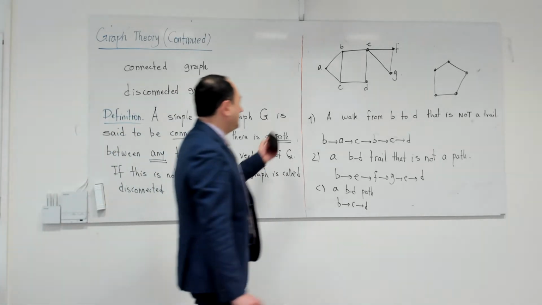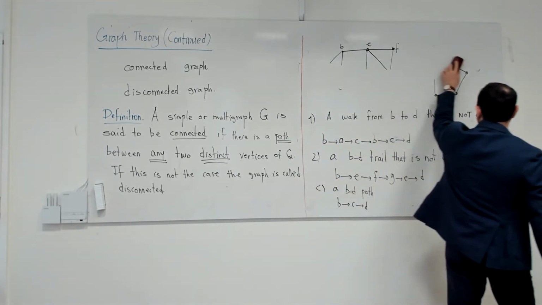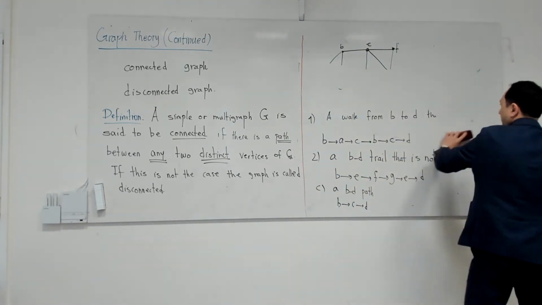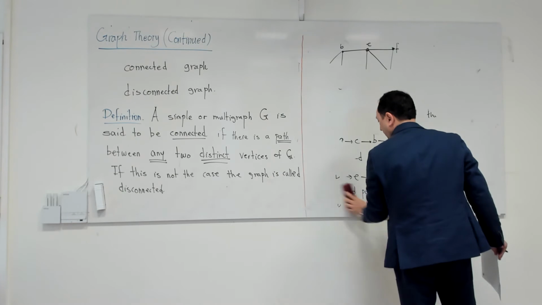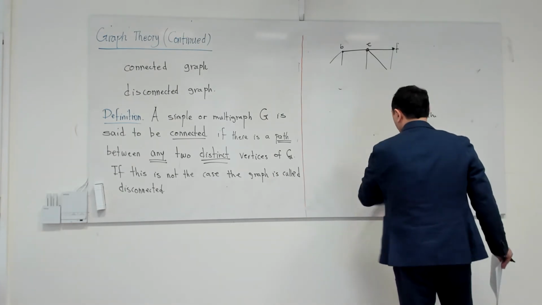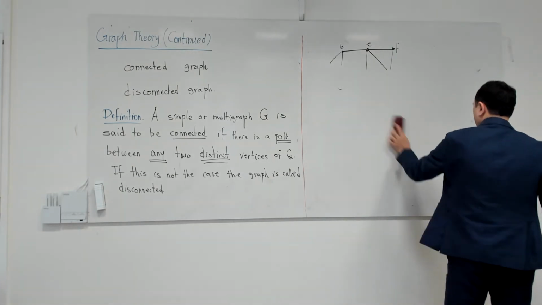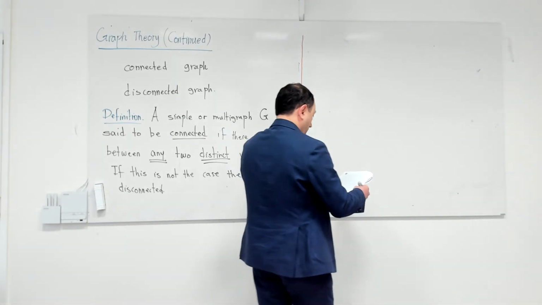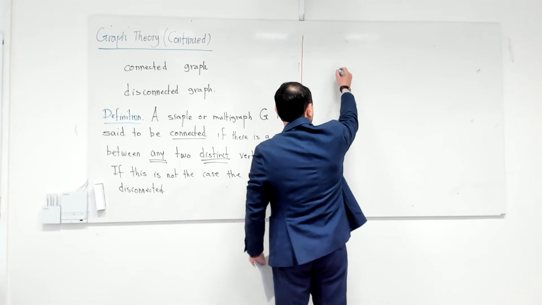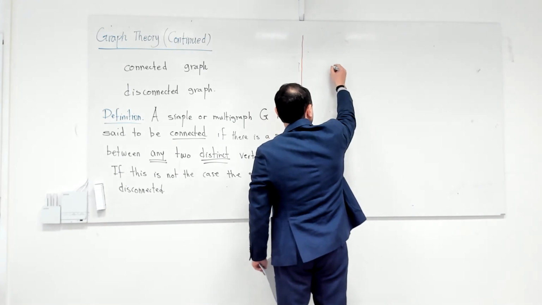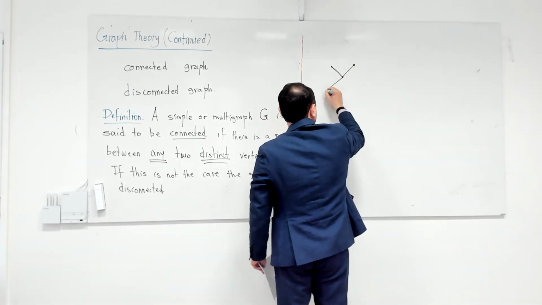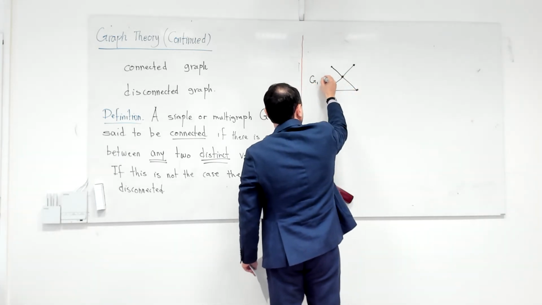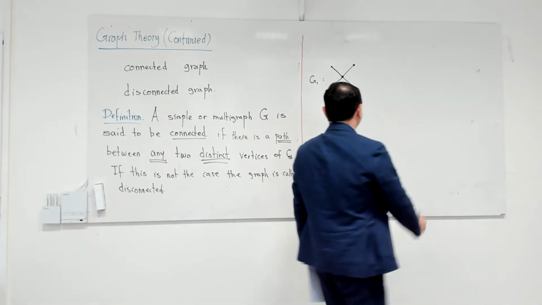By the way, these are very intuitively simple ideas. By just looking at the graph, you immediately understand if the graph is one single piece or more than one piece. So, for example, I have drawn some pictures here for you. Let me just draw some graphs for you here. So let us consider this graph G1. This is another graph.